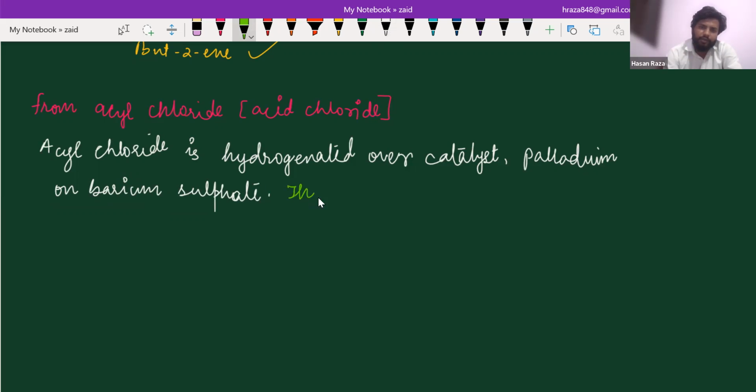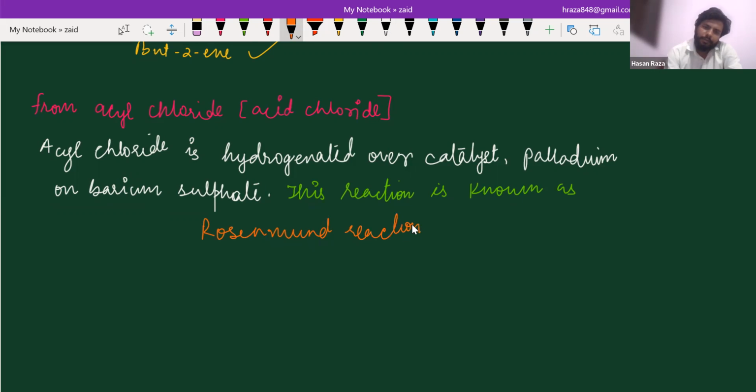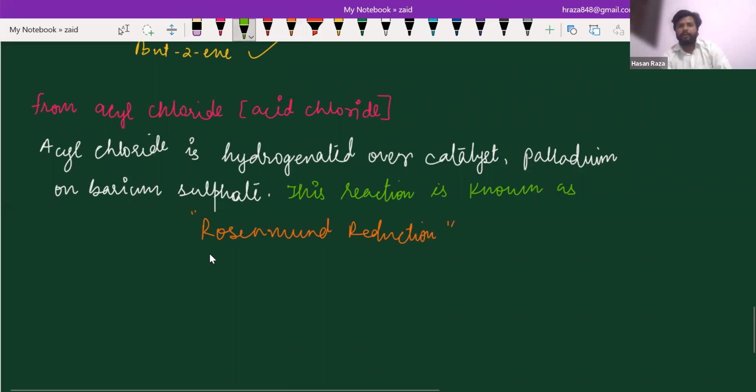This reaction is known as the Rosenmund reaction, or Rosenmund reduction. Basically, if you add hydrogen, that is reduction, so we call it Rosenmund reduction. I will explain the reaction.